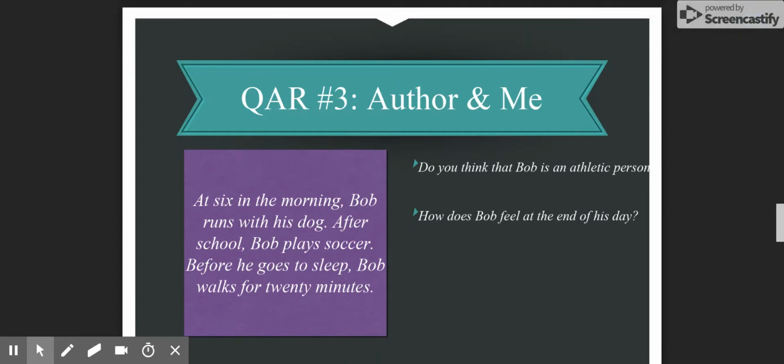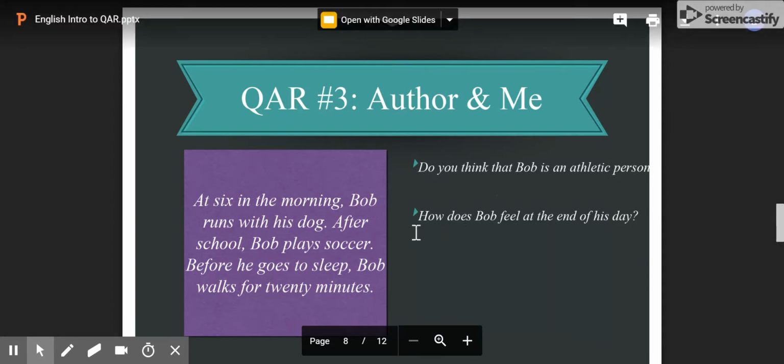We have to infer that based on our own background. To me, Bob is an athletic person because his day revolves around activity. He runs with his dog in the morning, he plays a sport, and he walks at night. These are all indicators that he's an athletic person. So I used my background knowledge and what the text says to make that decision.